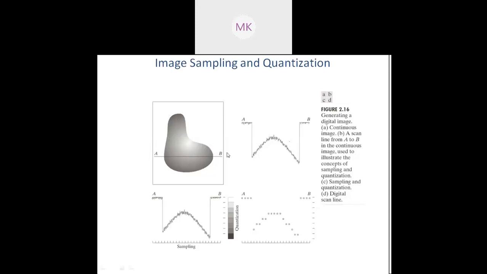If we need to apply sampling and discretization to this line segment, first we need to remove the noise. The random variations in the image due to noise should be removed.